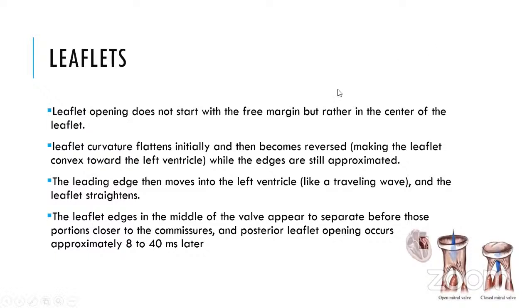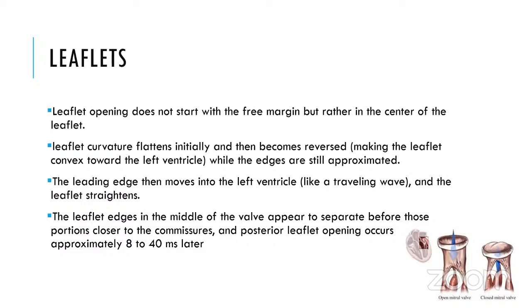So in regards to leaflet opening and closing, we'll talk first about leaflet opening. Leaflet opening does not start with the free margin. Usually it starts at the center of the leaflet. First of all, the leaflets will flatten and become reversed, while the edges are still approximated.